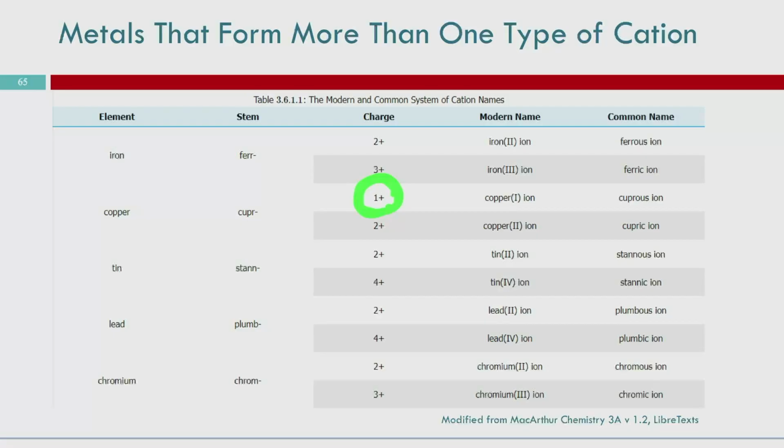So copper 1+ is the cuprous ion. And then the cupric ion is one more. And then we also have plumbous and chromous and stannous and lots of other ones. There's probably tinnous. No, stannic is tinnic. There's lots of them. And you would have to memorize at least one ion for every single one to get the names correct.